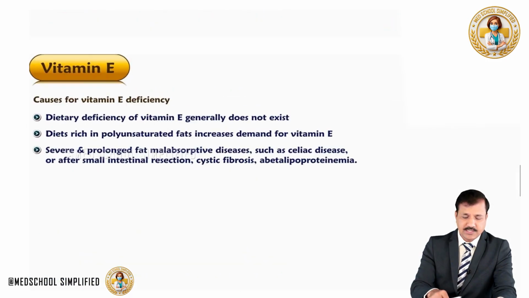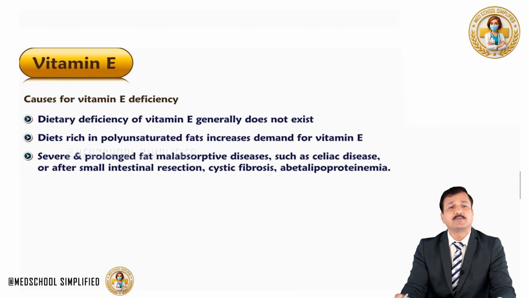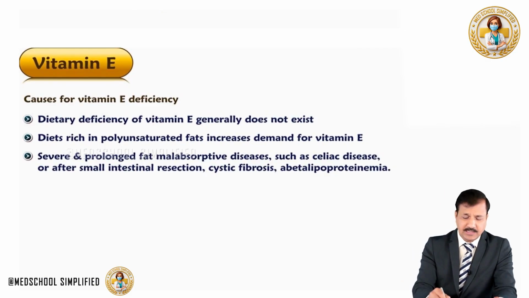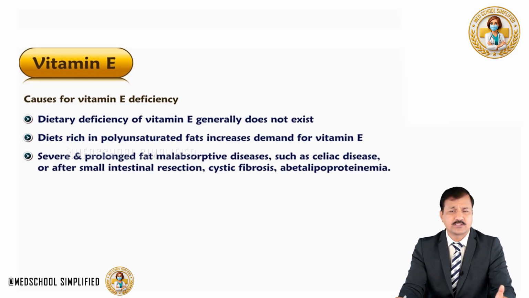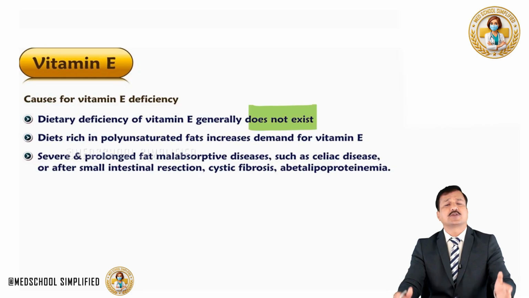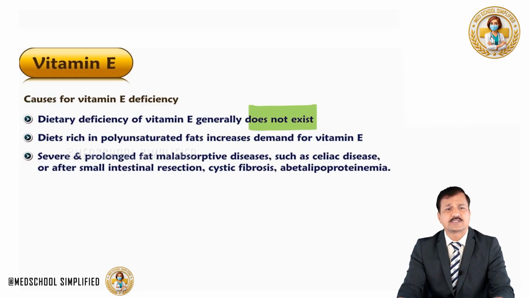Now, let us move on to see what are the causes for vitamin E deficiency. So, dietary deficiency of vitamin E does not exist, because it is plentiful in vegetable oils and nuts. So, consumption of vegetable oils will give sufficient vitamin E levels for us.